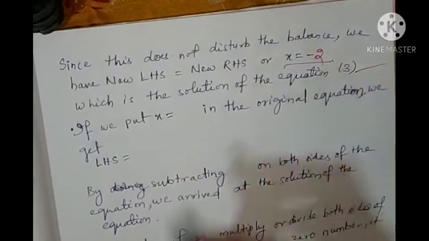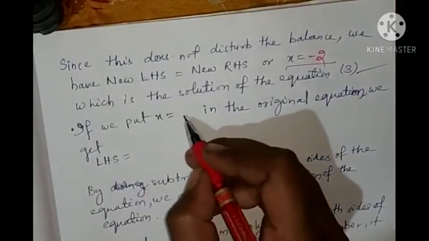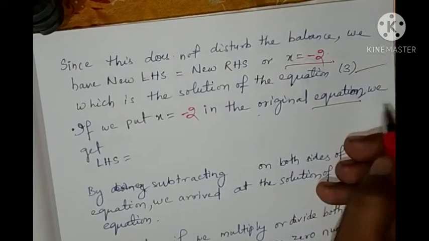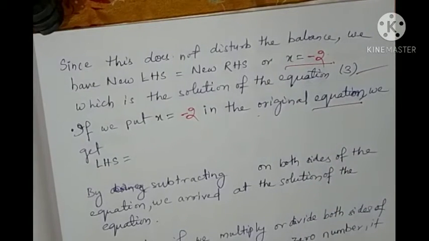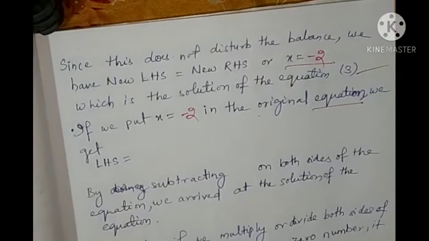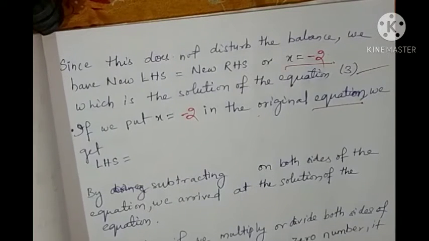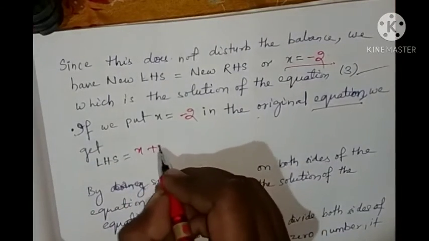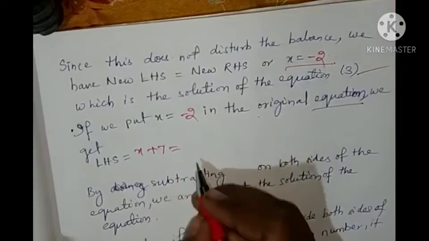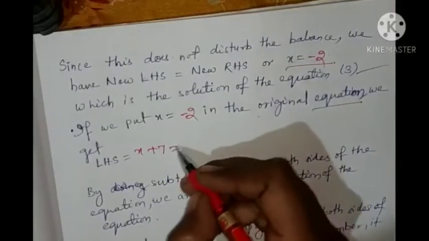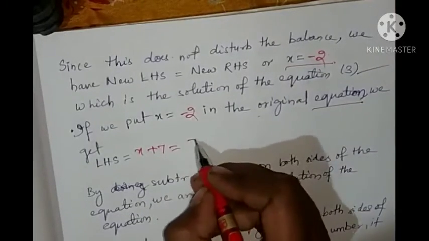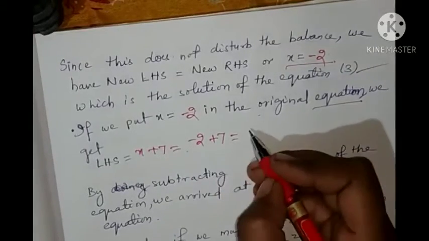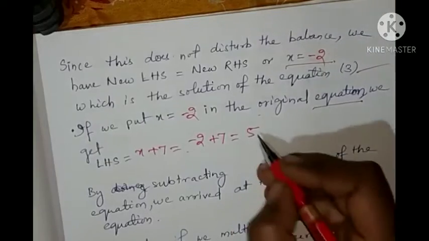If we put x equal to minus 2 in the original equation, which was x plus 7 equal to 5, we'll write LHS: x plus 7 equal to, we'll put the value of x, minus 2 plus 7. Minus 2 plus 7 is how much? 5. So 5 is what?